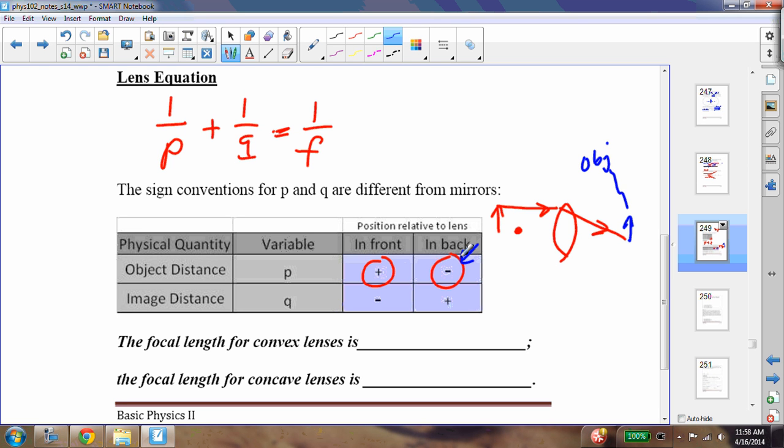This only occurs in combinations of lenses, and we'll see that in a little bit when we get into combinations of lenses, or if you're in the lab, you probably had this scenario come up. Now, that's the same as for mirrors, by the way. Where it is different is in the image distance, because a real image for a lens is going to be formed on the opposite side of the object.